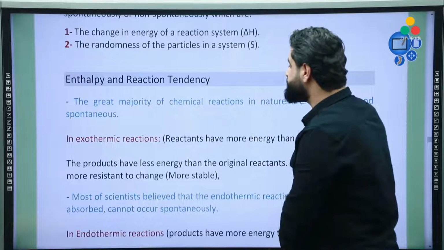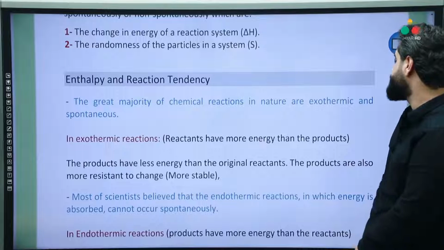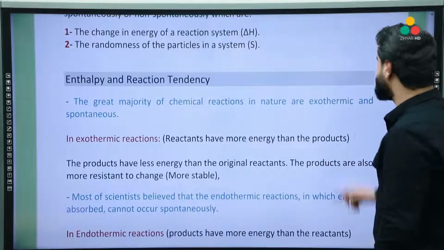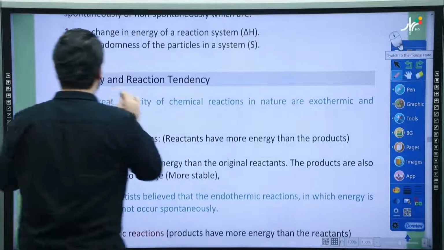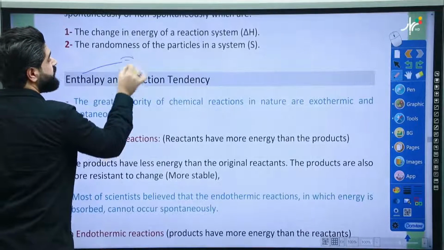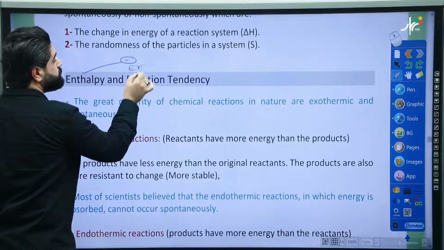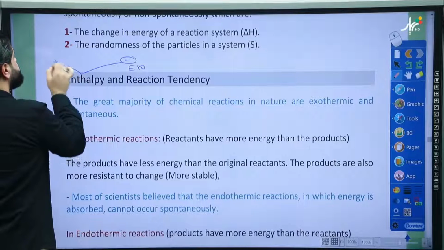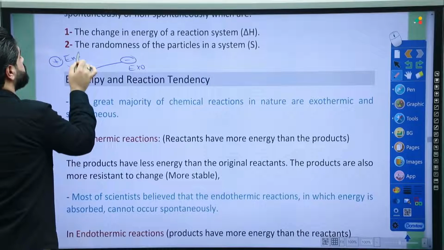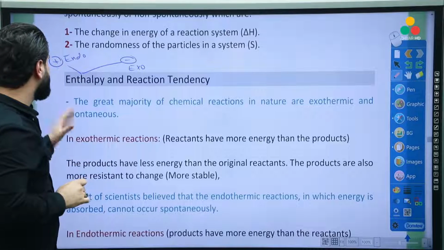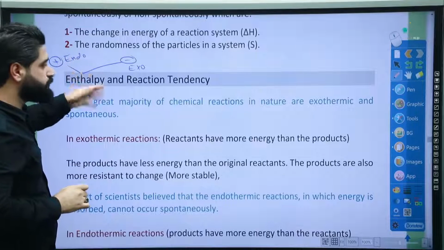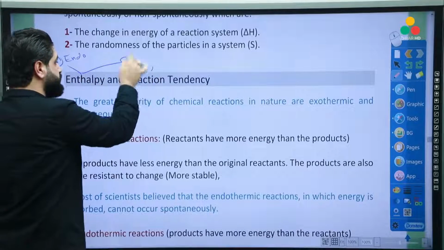The great majority of chemical reactions in nature are exothermic and spontaneous. Look, we have two types of enthalpy: negative enthalpy, which is exo, and positive enthalpy, which is endo. For any reaction, which one is favored to occur? Of course, exothermic.